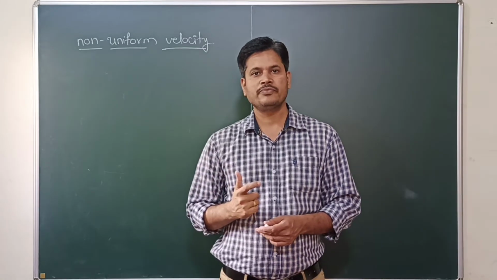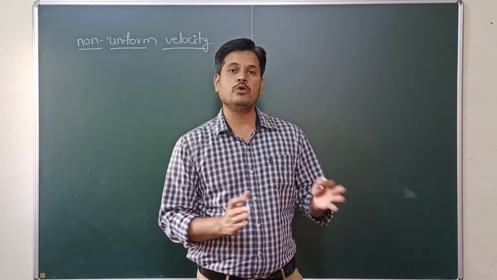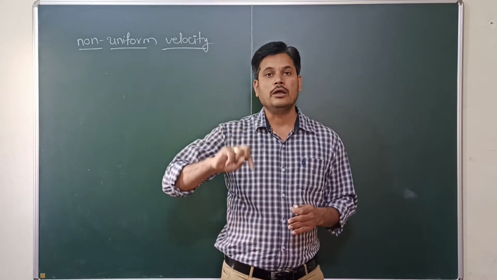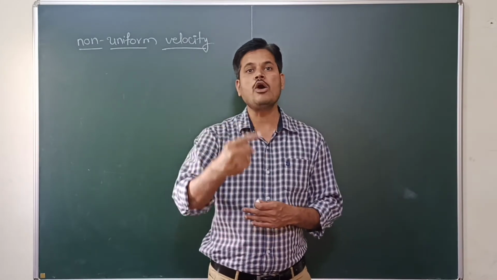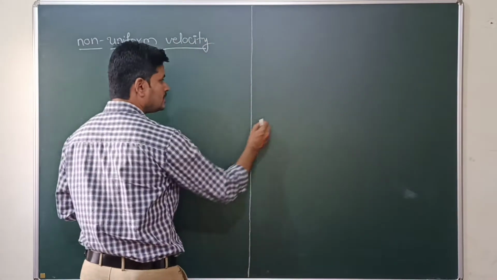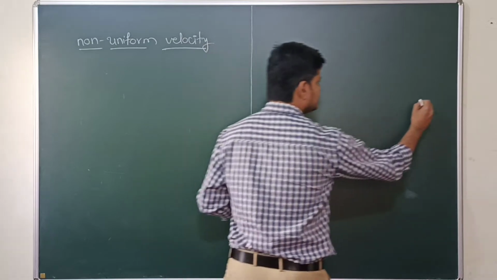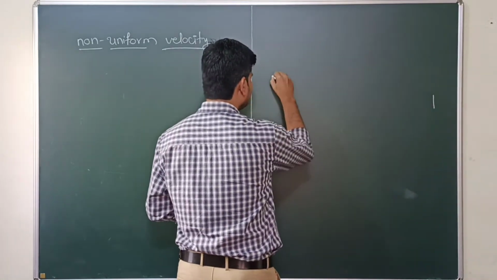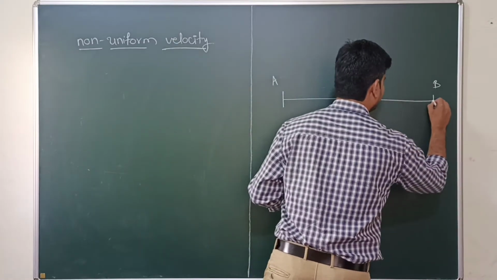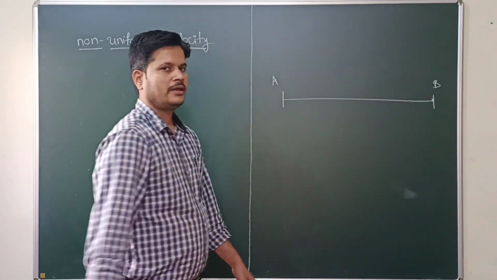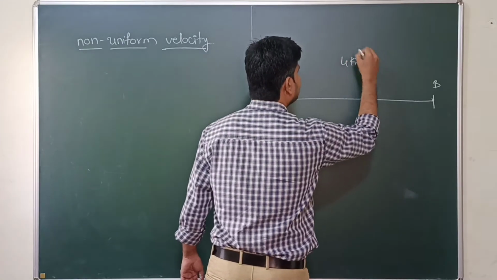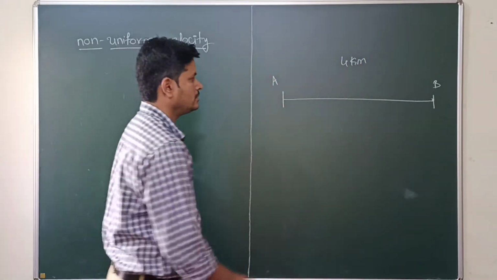Non-uniform motion means the object is moving with equal displacements in non-equal intervals of time. That means the particle is moving from position A to position B, overall 4 kilometers.